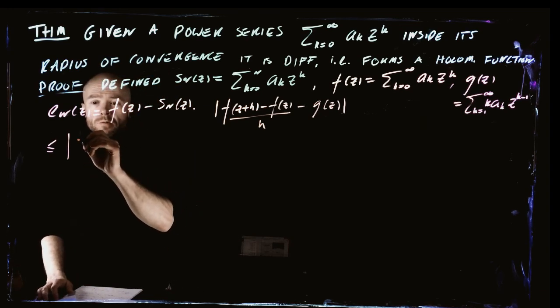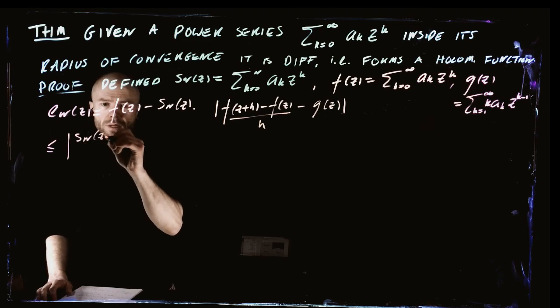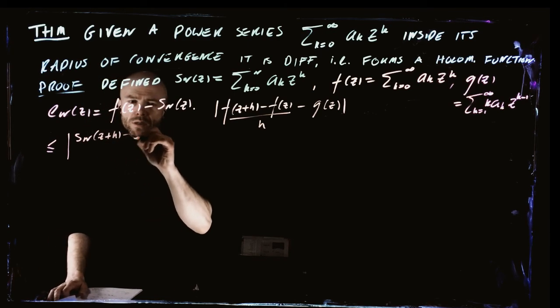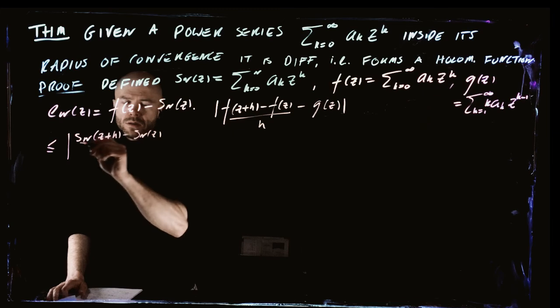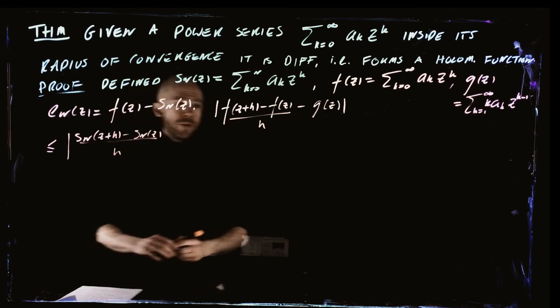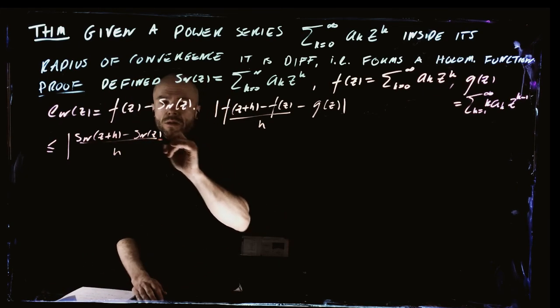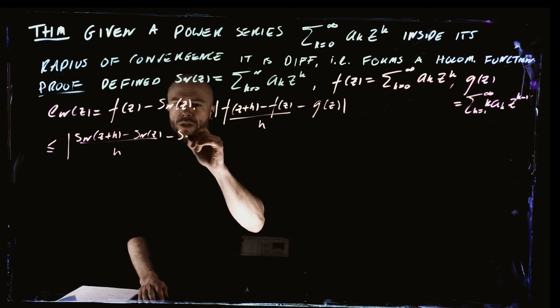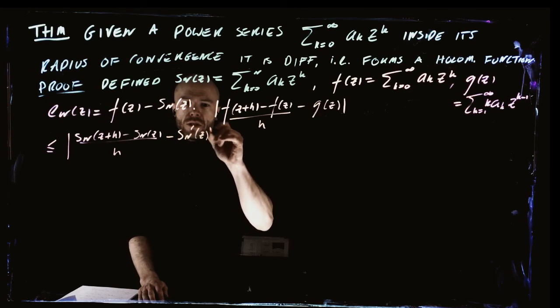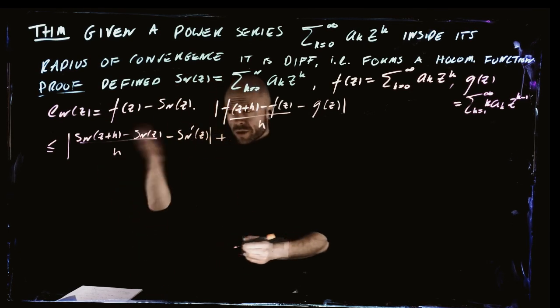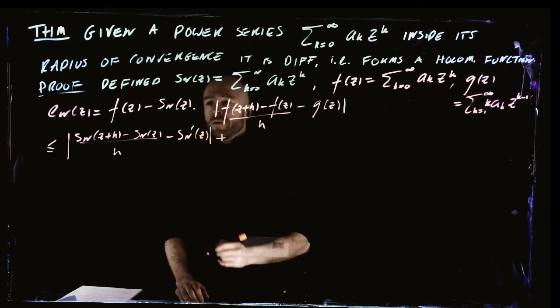So what did we do? We wrote (S_n(z+h) minus S_n(z)) over h, and then the actual derivative. It's not hard to show that this thing will be small because this is just a polynomial, it's differentiable.